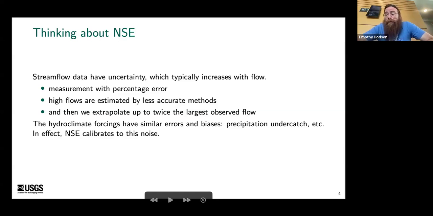You can still make arguments that it's valuable to you to calibrate to high flows in this manner, but this sort of noise is almost inescapable. And this paper hopefully provides some tools to equip us to take some alternative approaches.